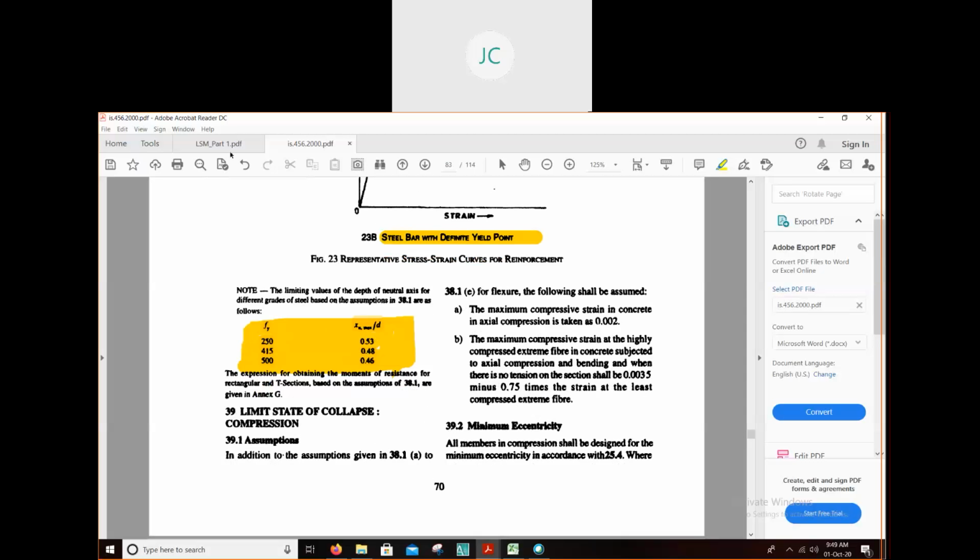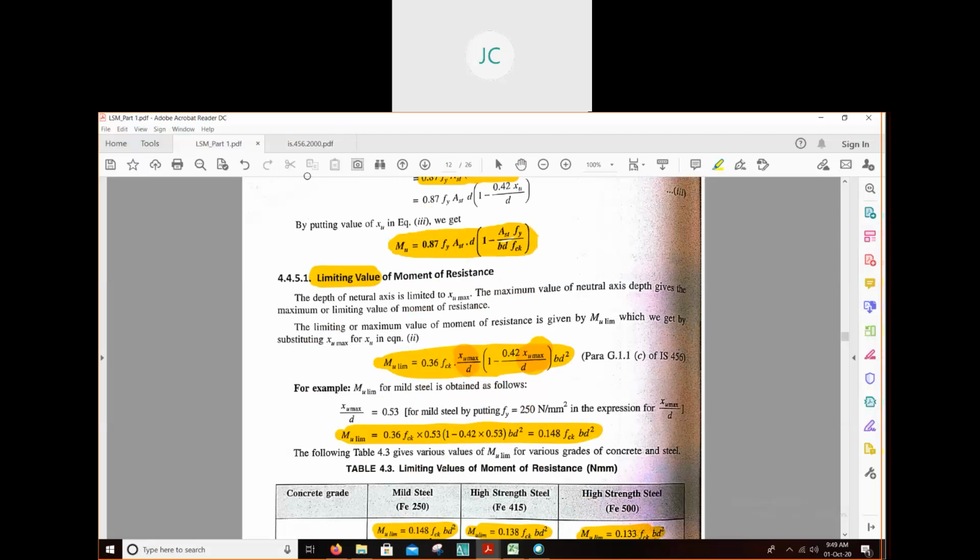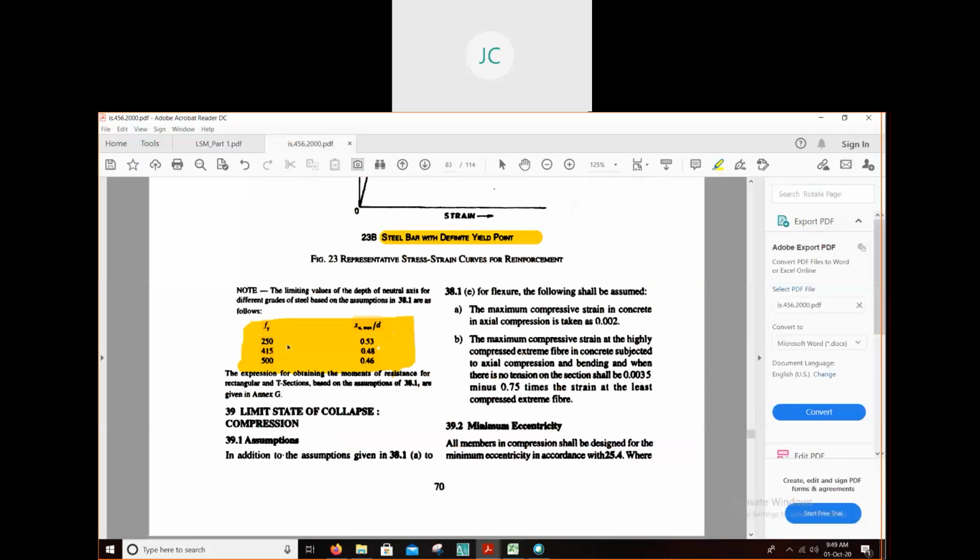Now we are going to use these values, because we know that the limiting moment of resistance formula is this one, 0.36 FCK XU max by D times B D square. But if the grade of steel is given in your question, we can directly put the values of XU max by D from IS 456.